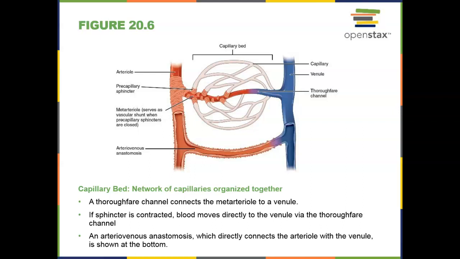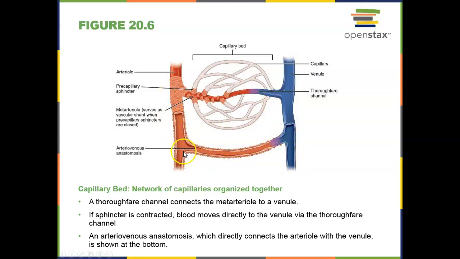So every time blood leaves the heart, it doesn't always perfuse our fingers and our toes and every single organ of the body. It may go to certain areas of the body, and the next time it's going to go to other areas of the body. So we're constantly feeding everything, but not with every pass of our blood. At the bottom, we have this arteriovenous anastomosis, and anastomosis is another mechanism to get from one side to the other side.